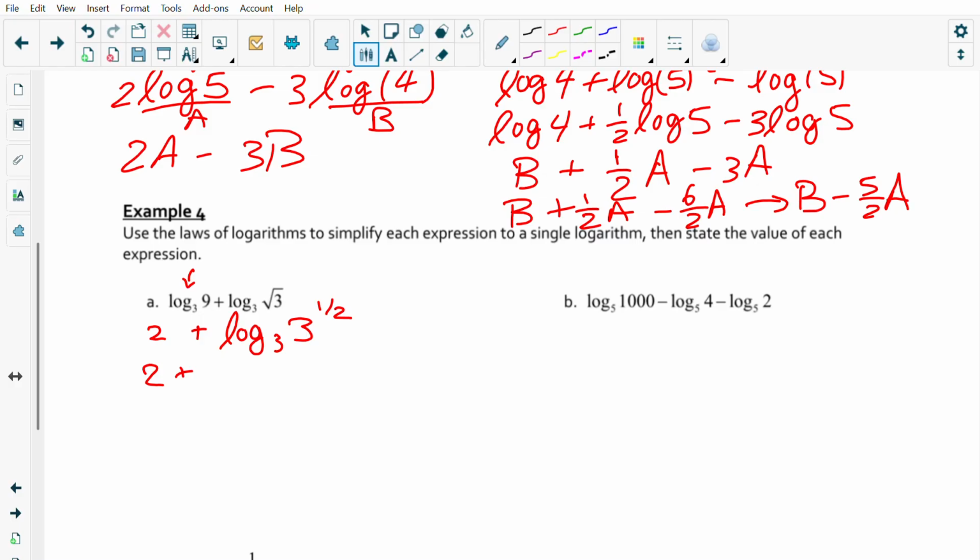Let's use the power law, right? 2 plus 1/2 log base 3 of 3, that is just 1. So it's 2 plus 1/2, and that's 5/2.